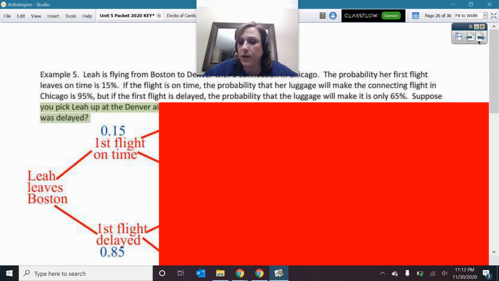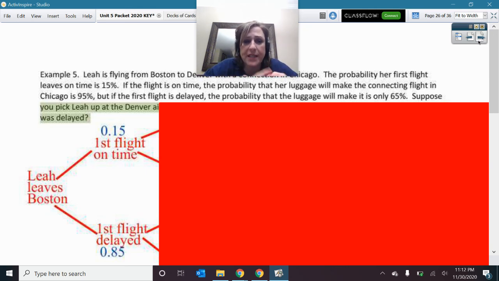I think what I'm going to have to do is finish this video out with a second one going over examples 5 and 6, because these will take a little bit of time. So go ahead right now and read example 5 and see if you can make a tree diagram.